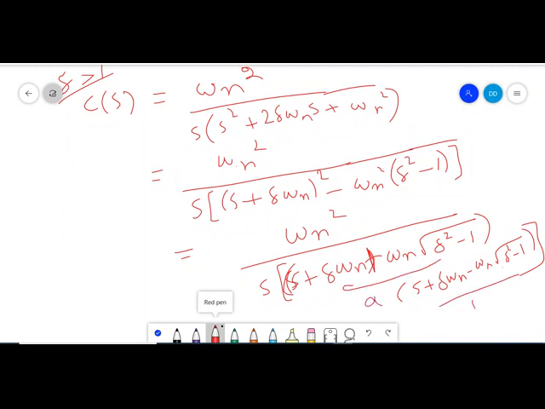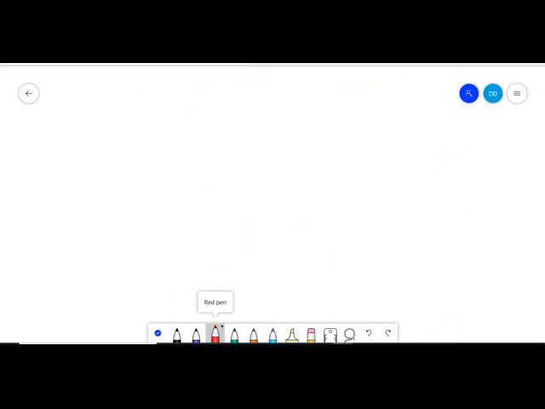Now we will consider this term as A and this term as B for our simplifications. So later on we will replace A and B. So we have it in the form C of S is equal to 1 divided by S into S plus A into S plus B.